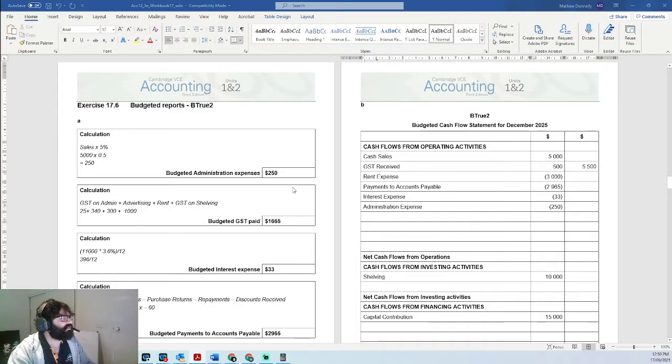And we just keep working our way down. We also have advertising. We see advertising is 3,400 and GST paid. So we have a look at GST paid, 1,665. There we go. That looks like it is everything.